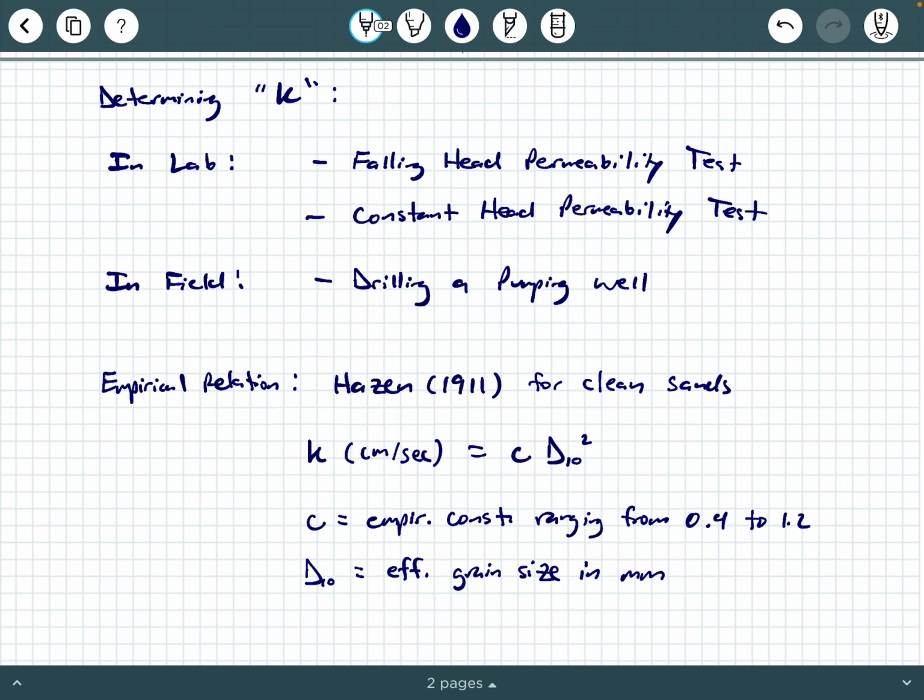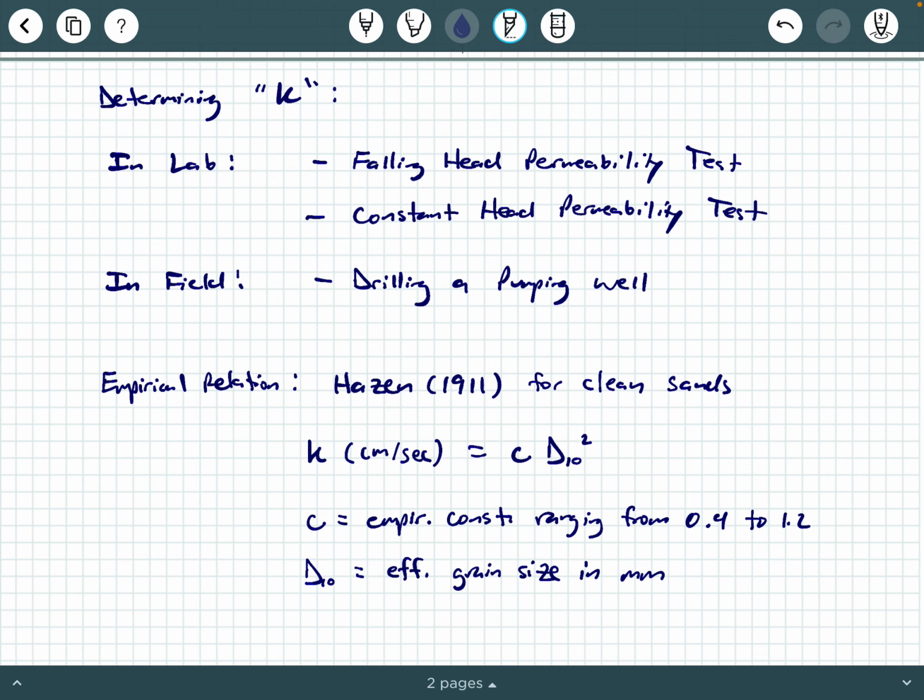So what we see more often is the determination of hydraulic conductivity in the lab setting using a falling or constant head perm test. We also sometimes see it in the field by drilling a pumping well in an aquifer of some sort. But again, you have the quick and dirty way of determining hydraulic conductivity using Hazen's empirical relationship, and it's valid for clean sands of mostly uniform gradation.